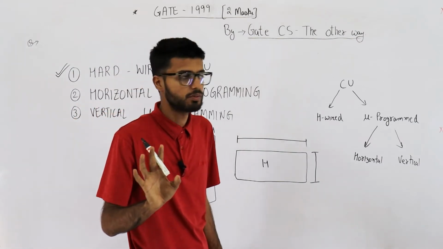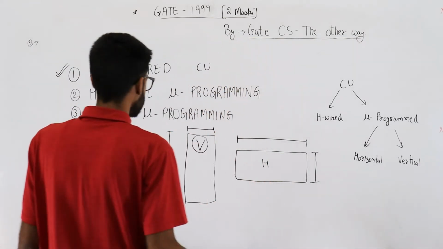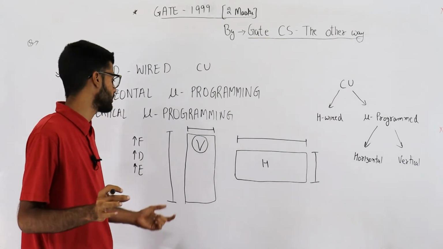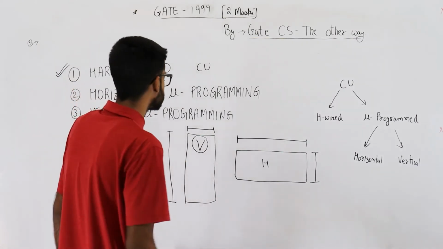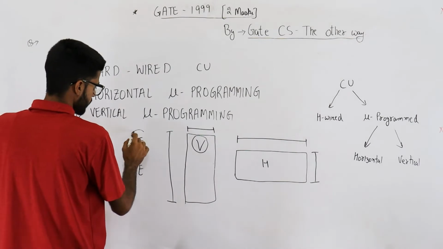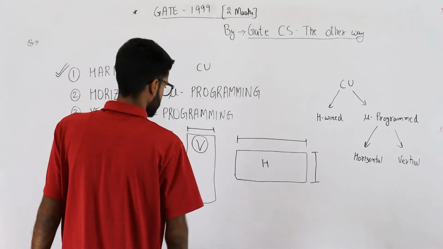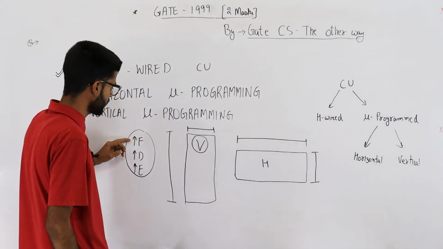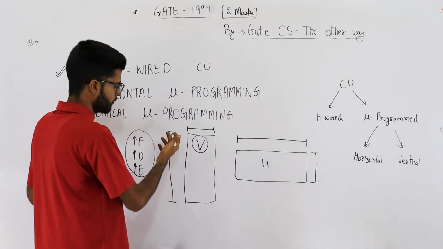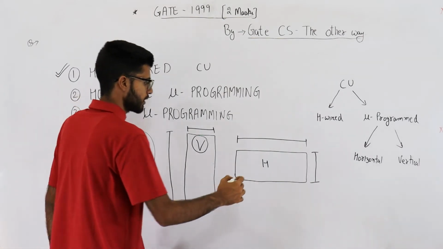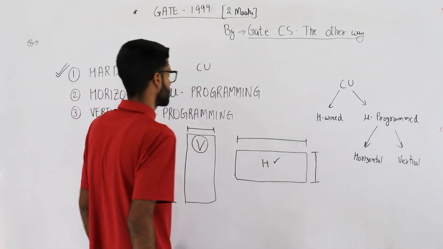If you don't know all this, please watch my theory lectures, where I've explained this in great detail. Here, first thing is you are spending more time to execute instructions because the number of fetches is going to be more, simply because instructions are more in number. So you can conclude that horizontal is going to be the faster one.